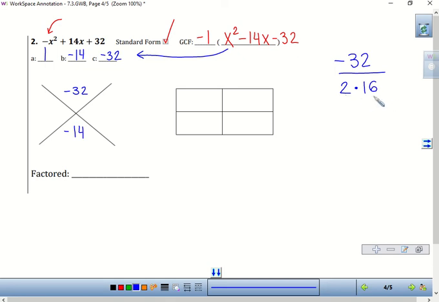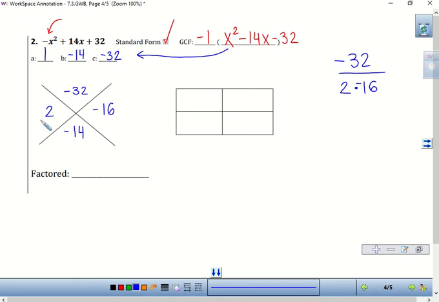But what's 2 plus 16? Well, one of these has to be negative, right? So which one of these has to be negative? Probably 16. Good. So if the 16 is negative, negative 16 plus 2 is negative 14, right? So the larger is negative when the number down here is negative. So the numbers here are going to be positive 2 and negative 16, because those two numbers multiply to give me negative 32, but add up to negative 14.